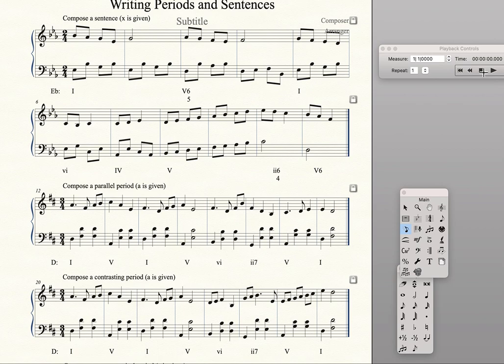All right, seems fine. This with the written out twice almost feels like it's going to be a repeated period with a first ending and a second ending.